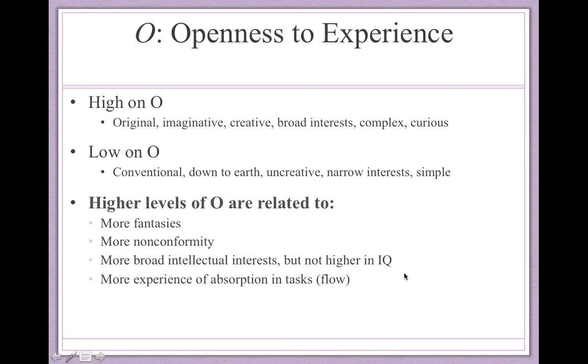So you can get really caught up in what you're doing and not really realize how caught up you were in it or how much time's passing. That's what's called flow. And this is interesting, more intellectual interest but not higher IQ. This could be the creative intelligence the triarchic theory is stating, because that doesn't really get measured in IQ, does it?